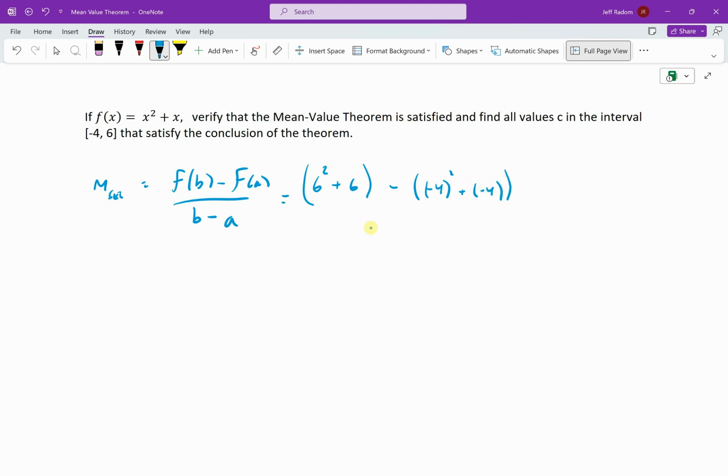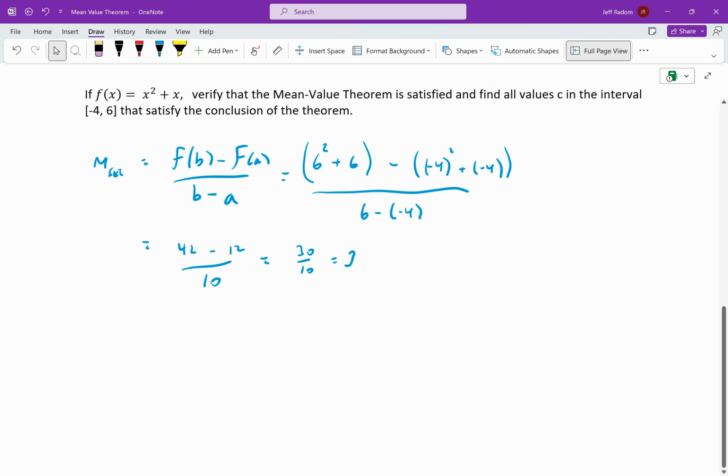So there's f of b minus f of a all over b minus a. And this would be 36 plus 6 is 42, minus 16 plus -4 which is 12, divided by 10. So we get 42 minus 12, which is 30. 30 divided by 10 is 3. So we've just found out that the average slope between -4 and 6 on this function is 3.